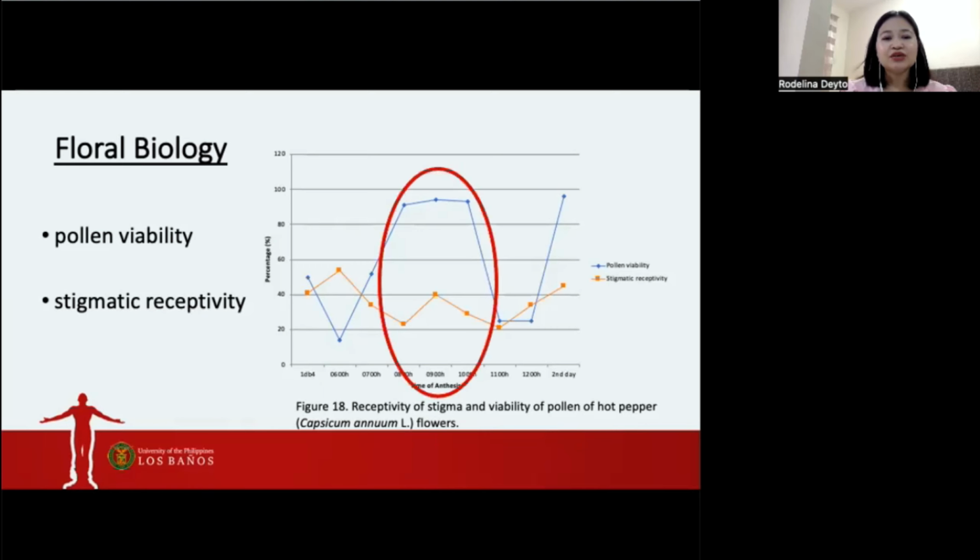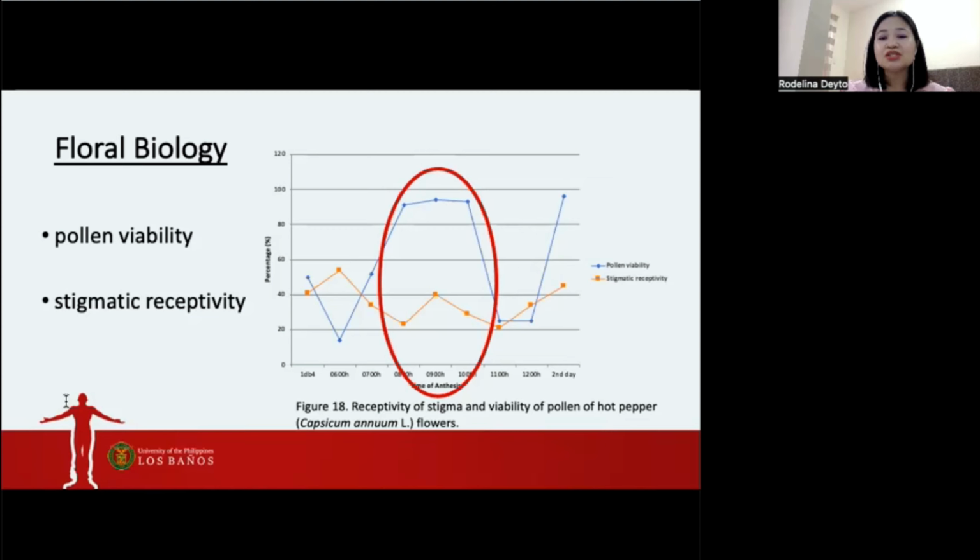Receptivity of stigma synchronized with pollen viability. So the peak of receptive stigma is also at 9 a.m. But in hot pepper, their stigma is receptive even before the pollen grain is viable. So this is known as protogynous, characteristic of flower, partially protogynous.